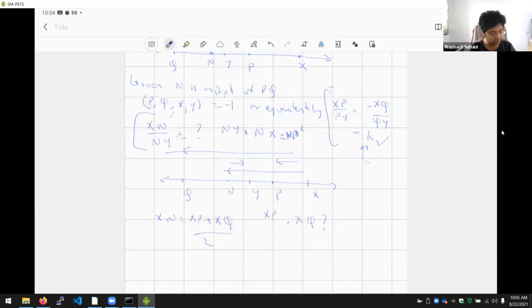Because I know the ratio k, and the length XY is also there in this equation. Actually, there is one more variable, which is XY, but ultimately you will see that the XY factor will cancel out. So it doesn't really matter, but temporarily you can introduce that variable also. Let's say XY is equal to some length d. So in terms of d and k, we can do all the calculations. We can find out how much is XP, and how much is XQ. I'll give you a couple of minutes to try it out.